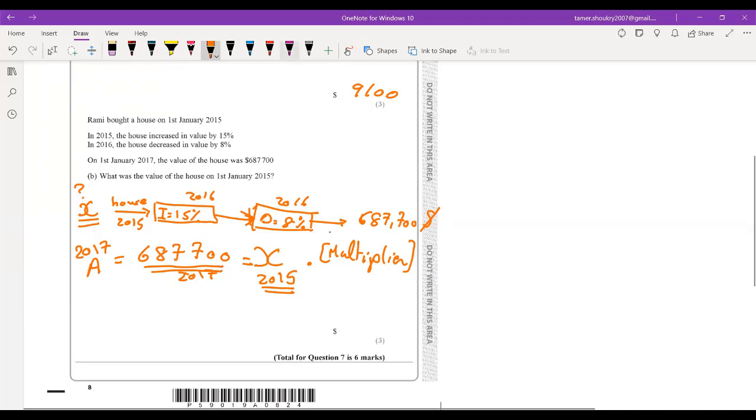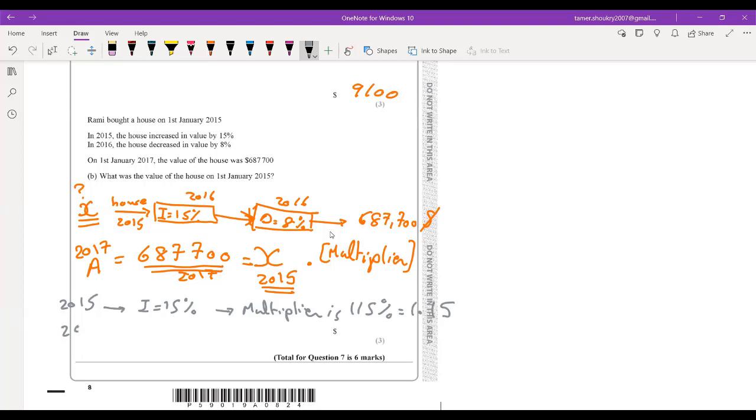So to get the multiplier, we need to look to the question. We have in 2015 an increase equal 15%, which means that the first multiplier is 115%, which is 1.15.